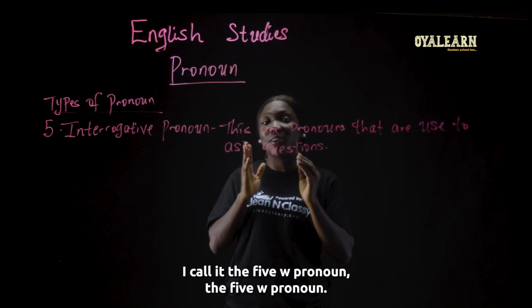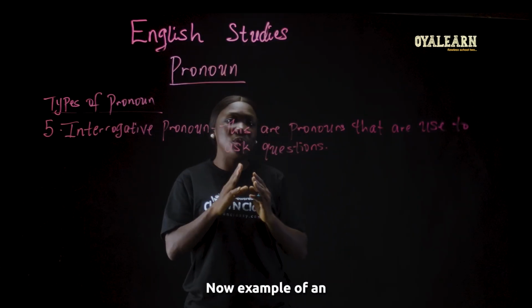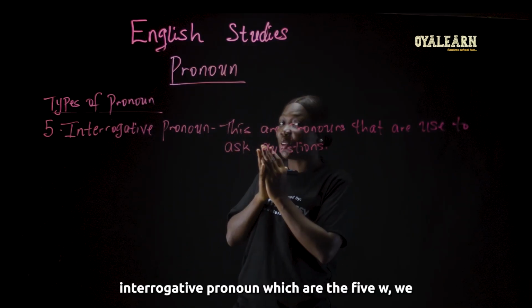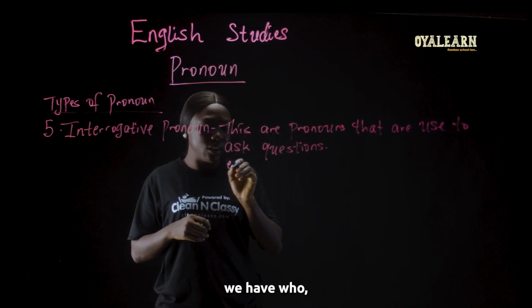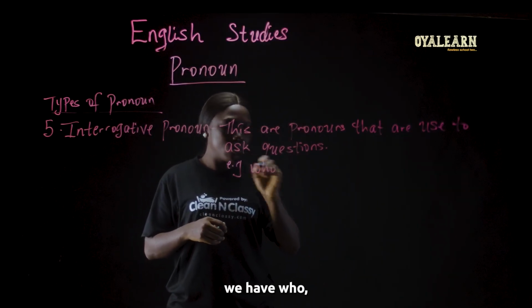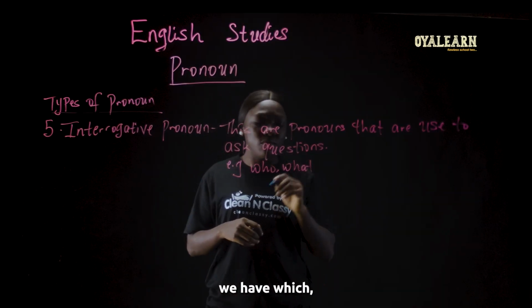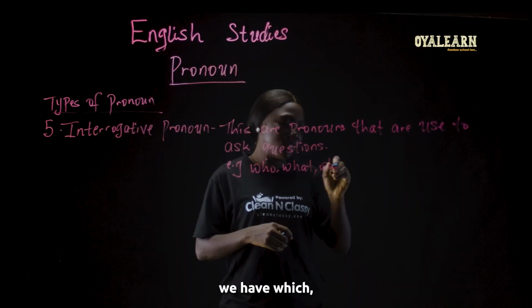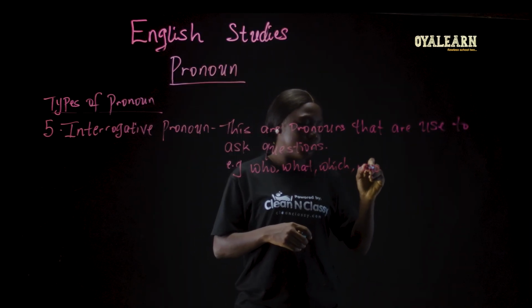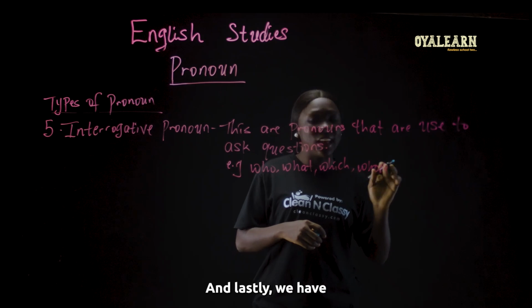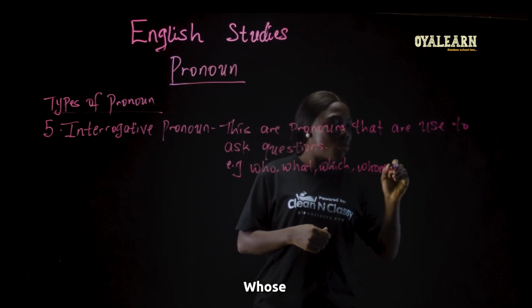I call it the 5W pronoun. The 5W pronoun. Now, examples of an interrogative pronoun, which are the 5W, we have who, we have what, we have which, we have whom, and lastly we have whose.